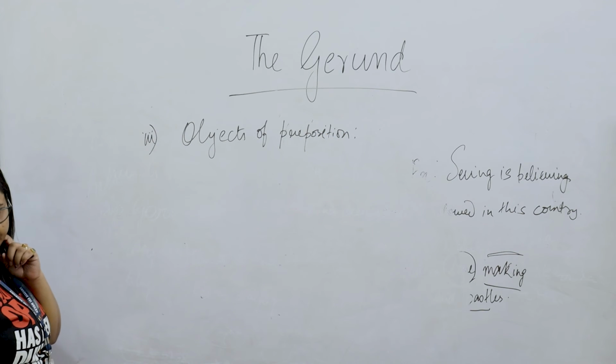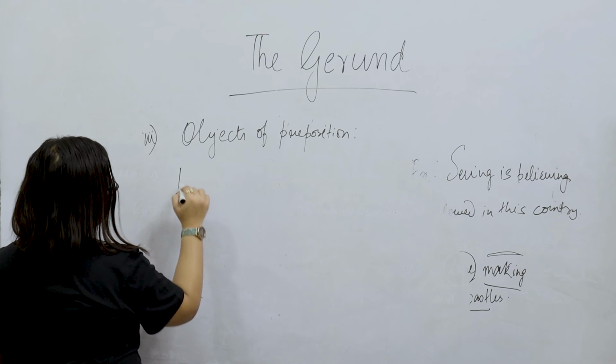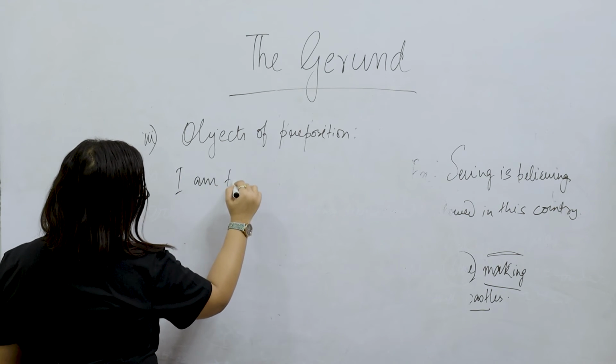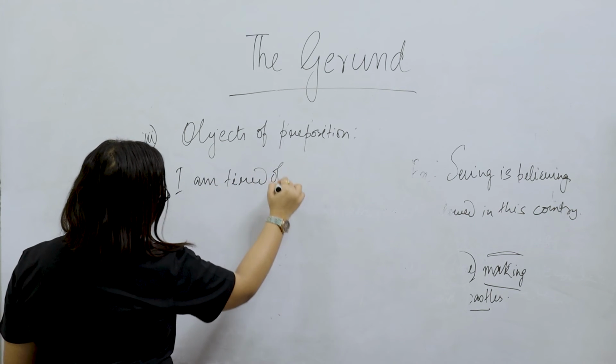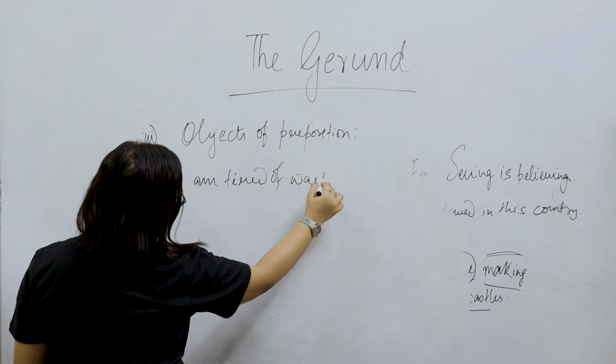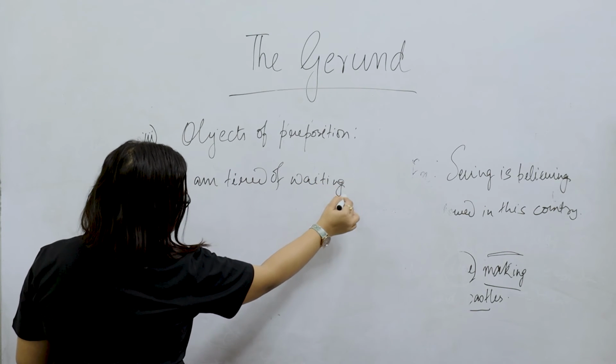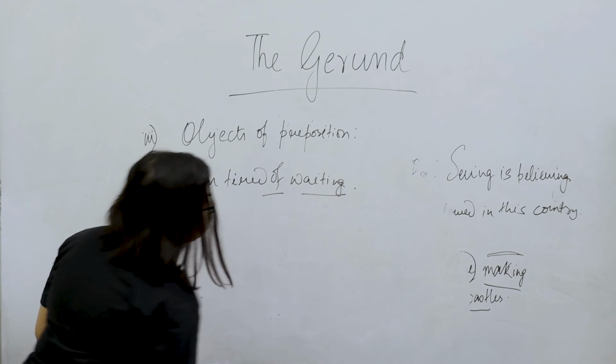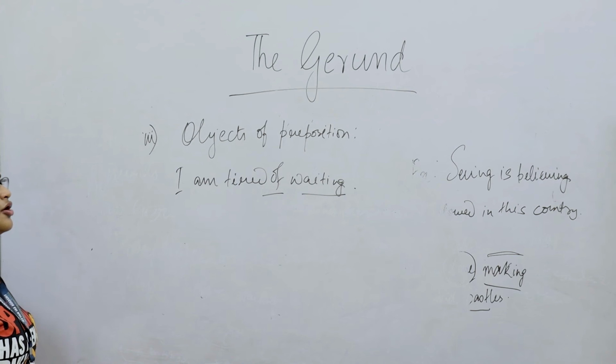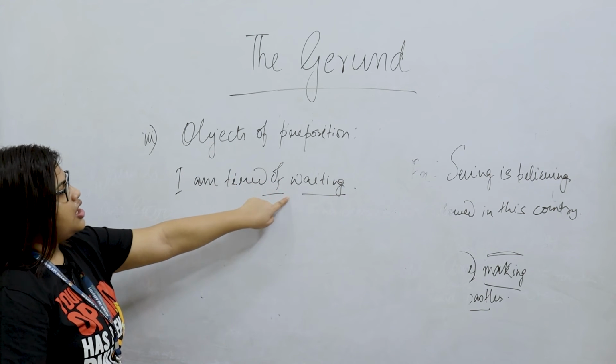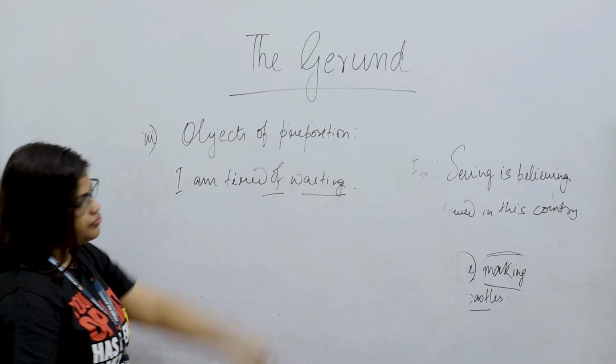In the object of preposition, we can say, I am tired of waiting. As I told you once before, sometimes the gerunds are preceded by prepositions. So here it is being used as an object of preposition.